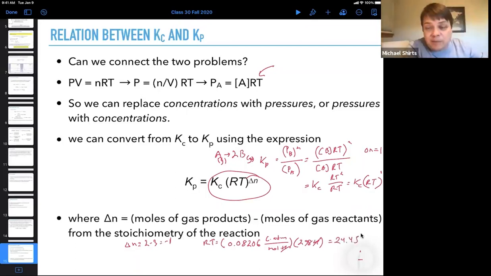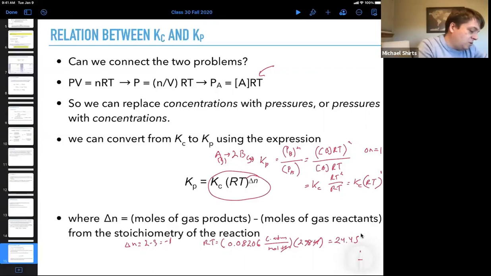And it's just a pure number because the partial pressures, their standard state is 1 atmosphere. So you divide by 1 atmosphere there. Again, there's no units there either. But here the conversion factor is 24.45, no units.